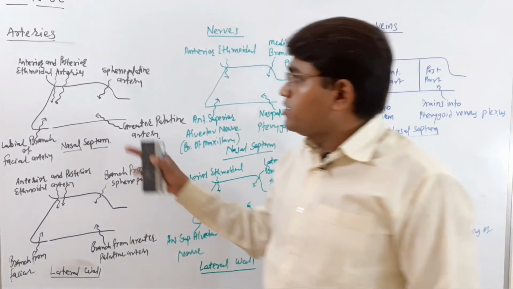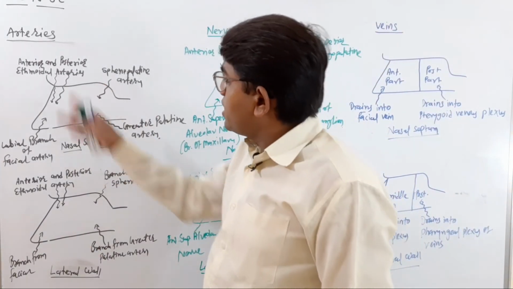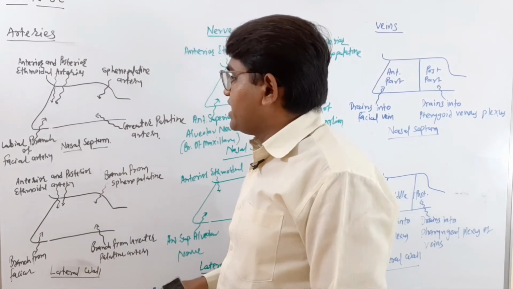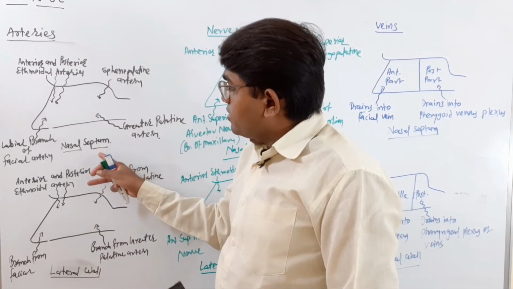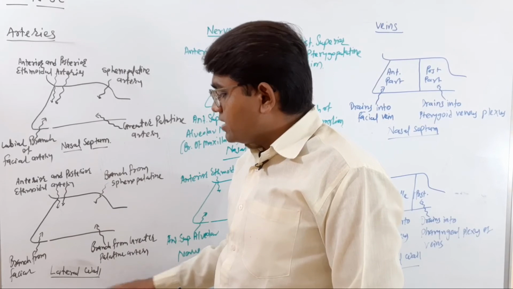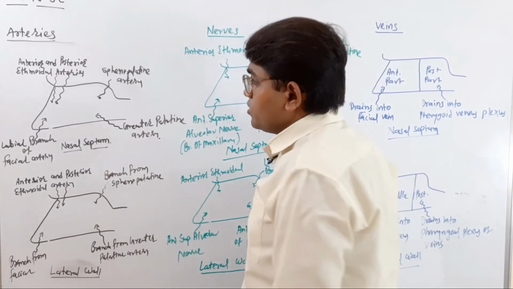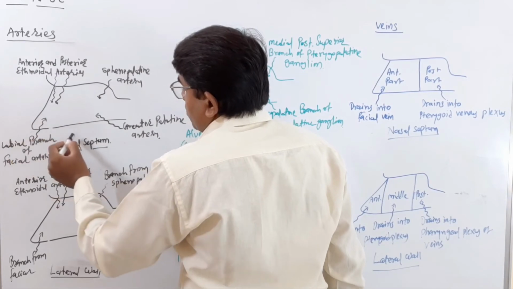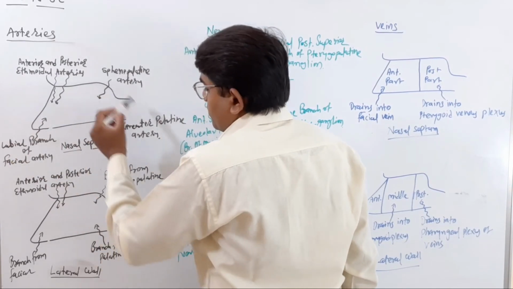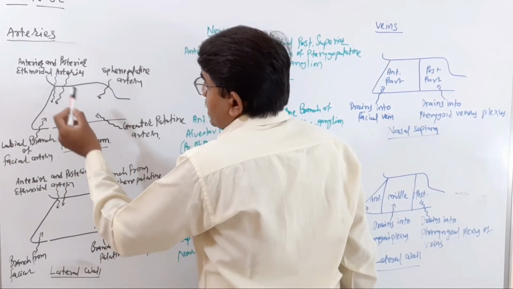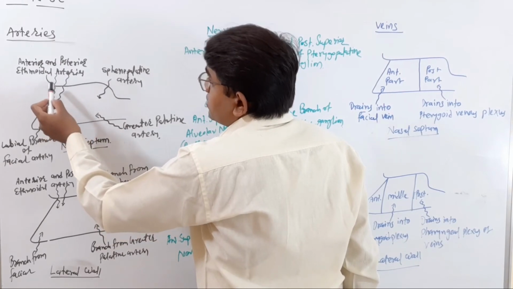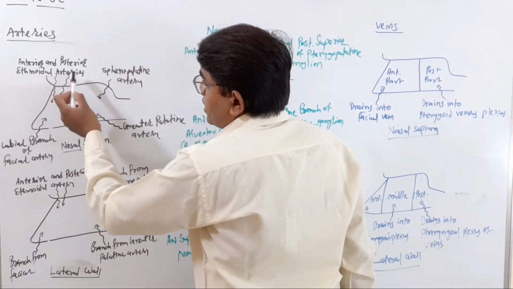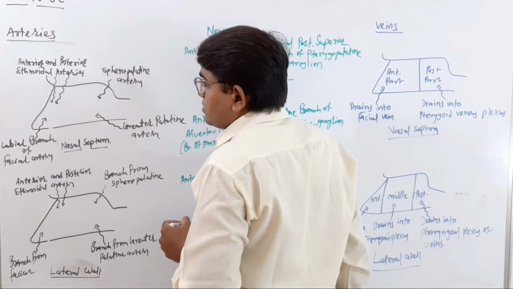Here in this diagram you can see the arterial supply of the nasal cavity, for the nasal septum and the lateral wall. This is the anterior part of the nasal septum and this is the posterior part. On its antero-superior part, the anterior and posterior ethmoidal arteries are supplying.